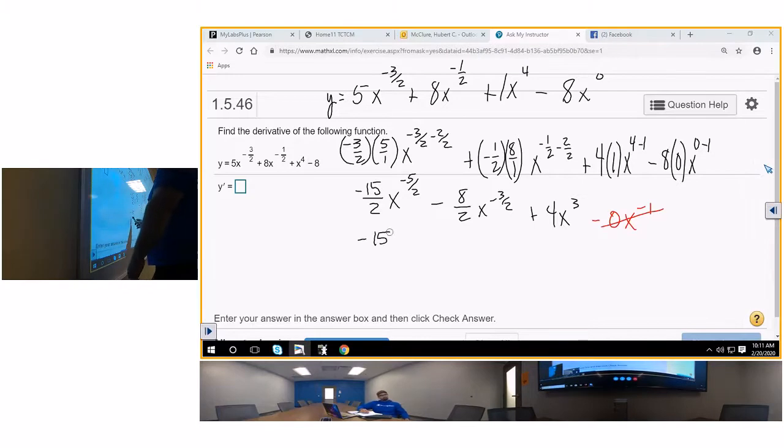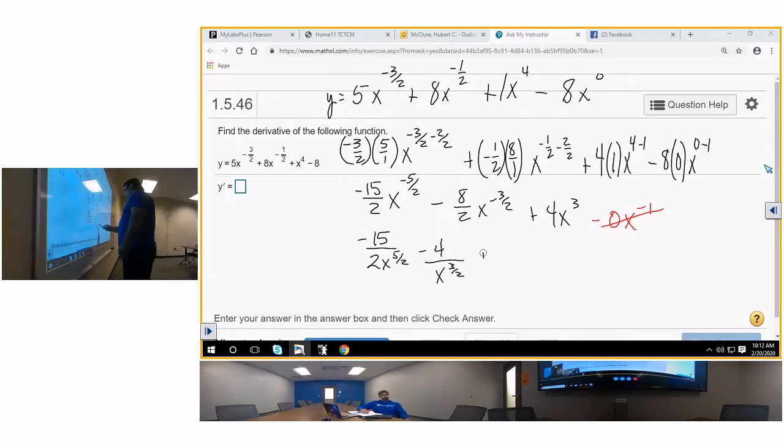All right, so here we go. 15 over 2x to the 5 halves, and this is going to be negative 4 over x to the 3 halves plus 4x cubed.